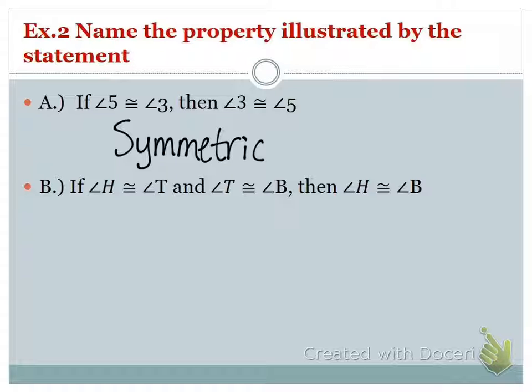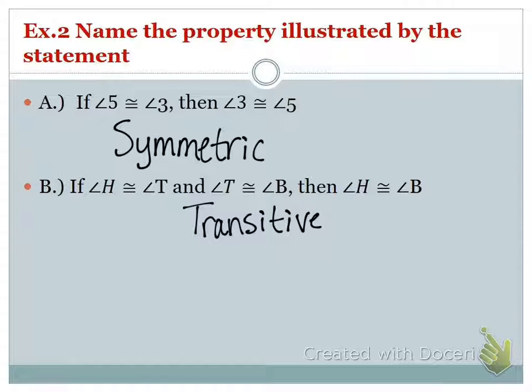If angle H is congruent to angle T, and angle T is congruent to angle B, then angle H is congruent to angle B. Is transitive. They cut out the middle angle T. Transitive. Yes, okay. Questions, concerns?